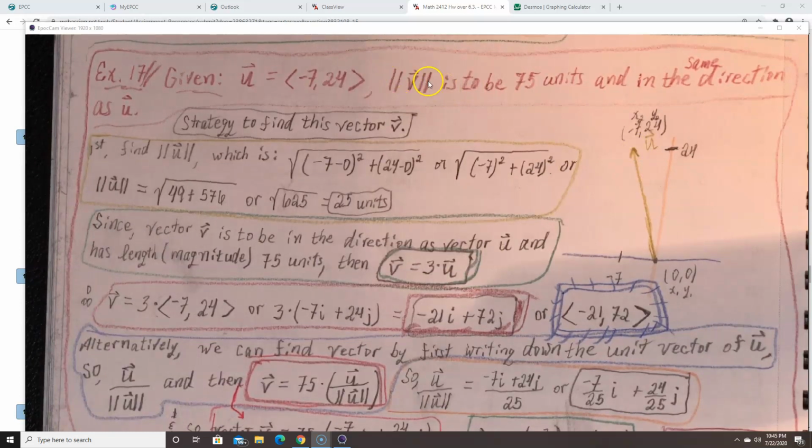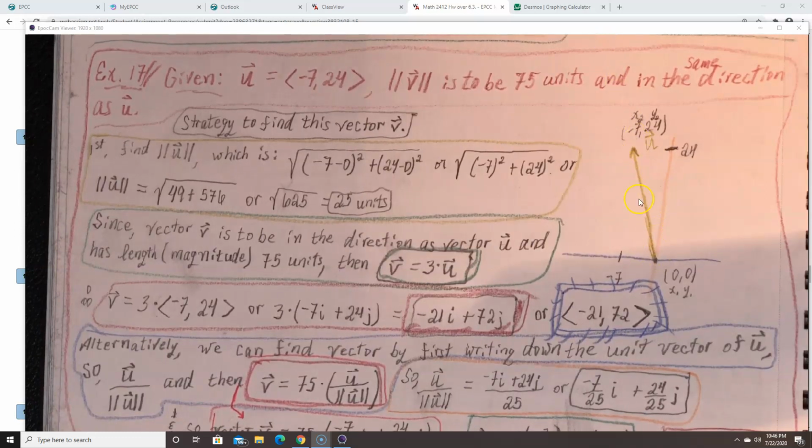Oh, the magnitude of the new vector is supposed to be 75 units long. Okay. So it's going to start right here, go in the same direction as the first vector, but it needs to be 75 units long, so it's probably going to be longer than this one.